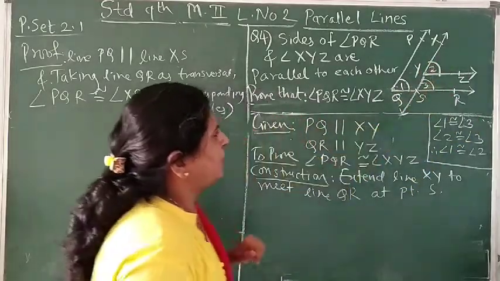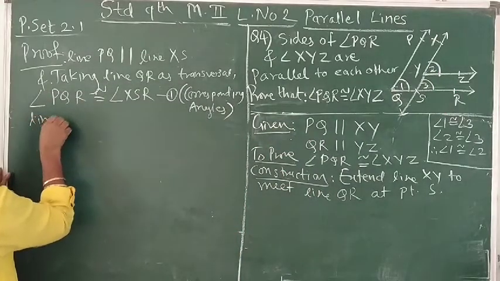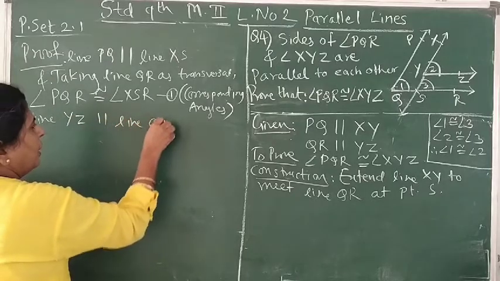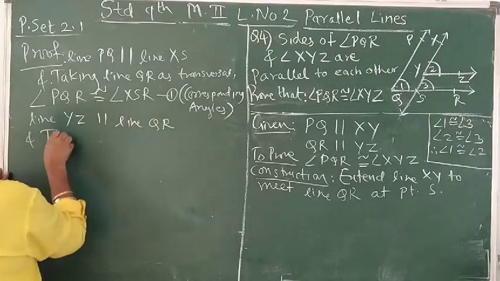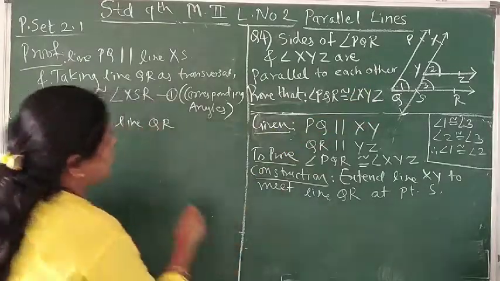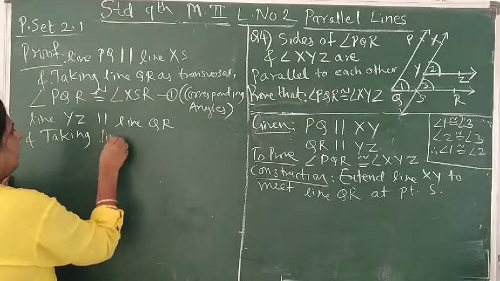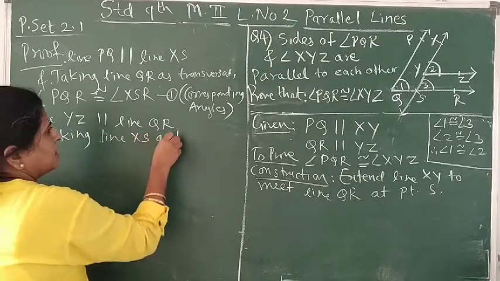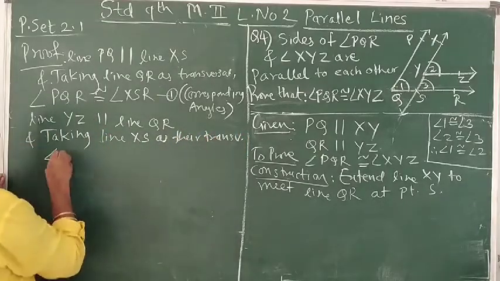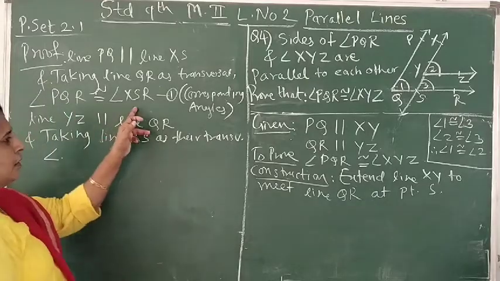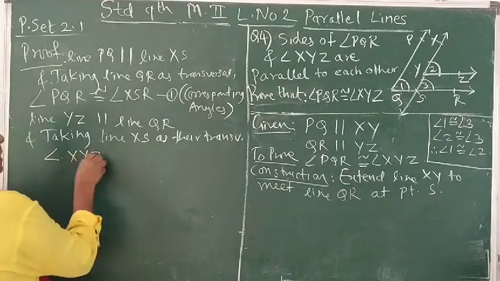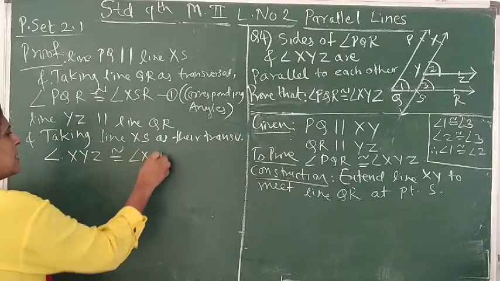We will take these two corresponding angles. So, line YZ is parallel to line QR, and taking line XS as the transversal, angle XYZ is congruent to angle XSR.